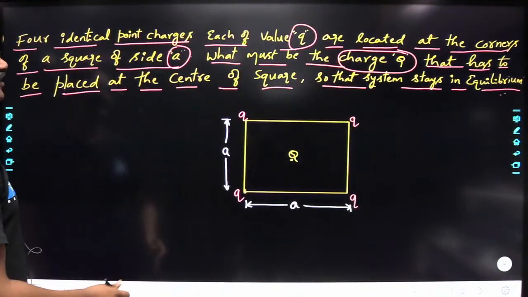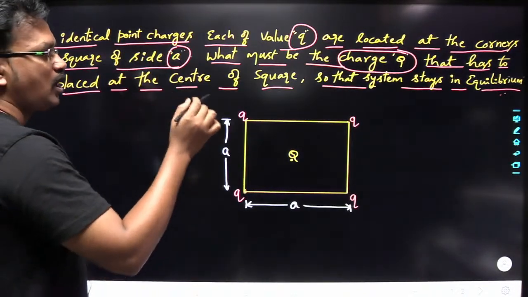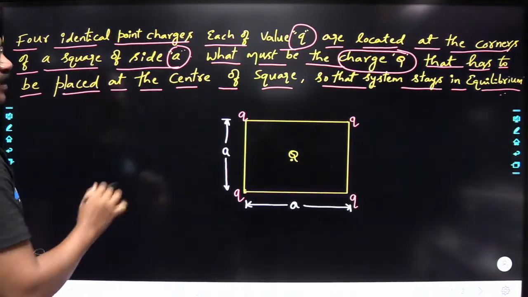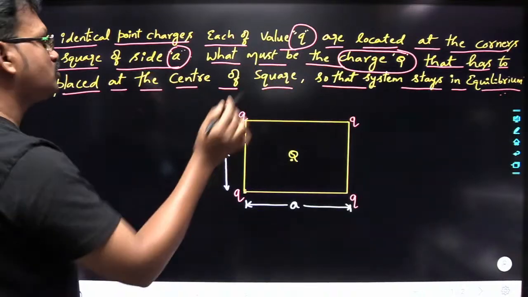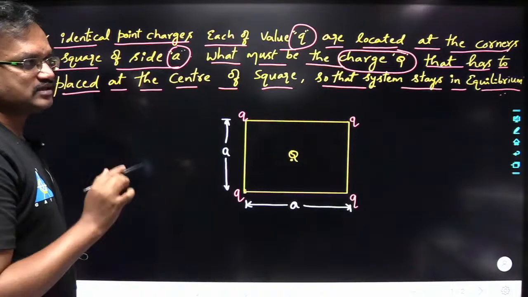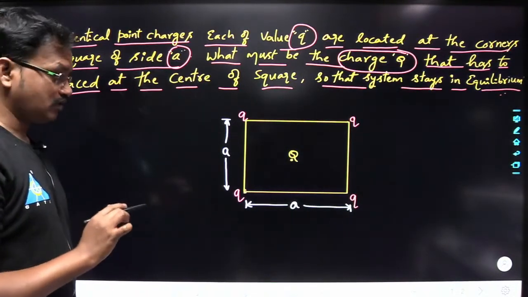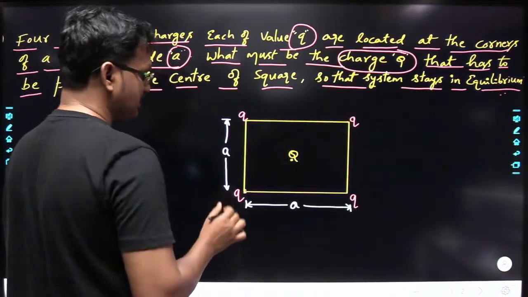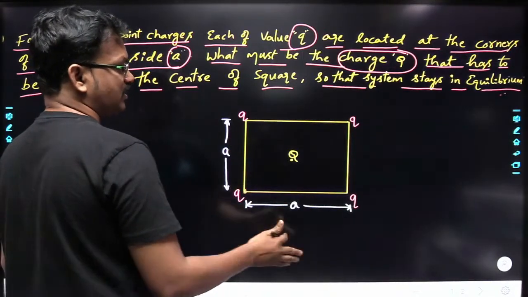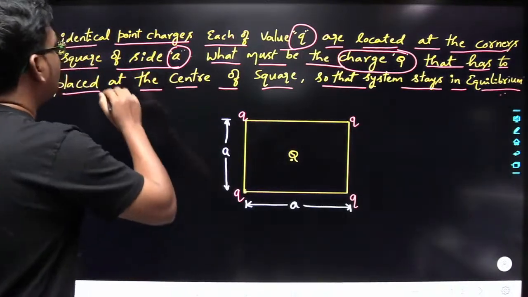I am reading once again the problem. 4 identical point charges, each of value q, are located at the corners of a square of side A. What must be the charge capital Q that has to be placed at the center of the square so that the system stays in equilibrium? Okay. So here they have given this diagram.